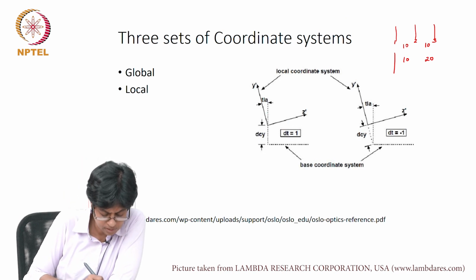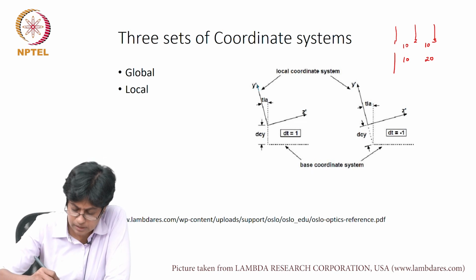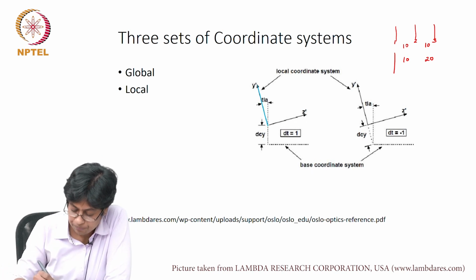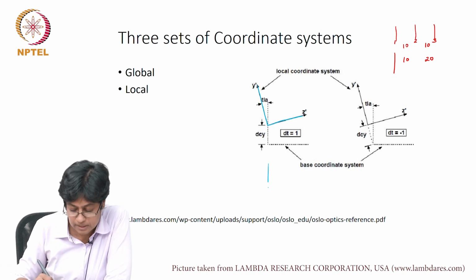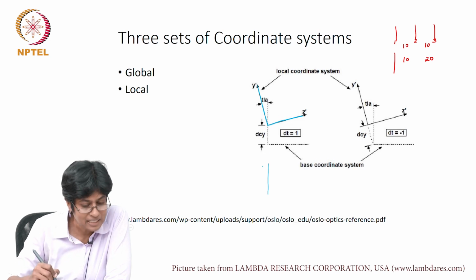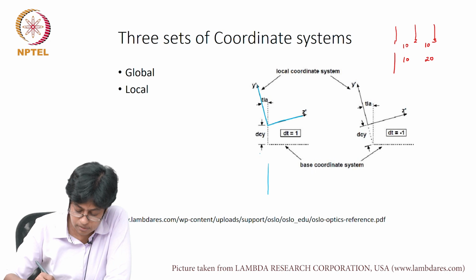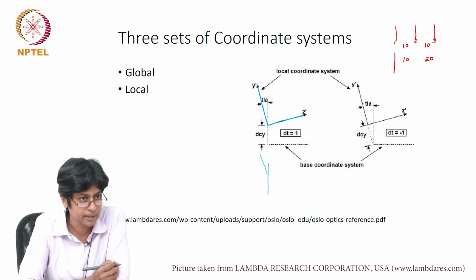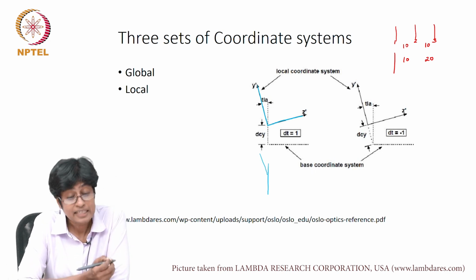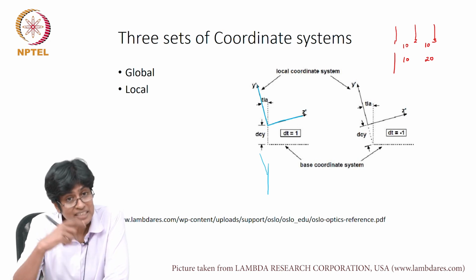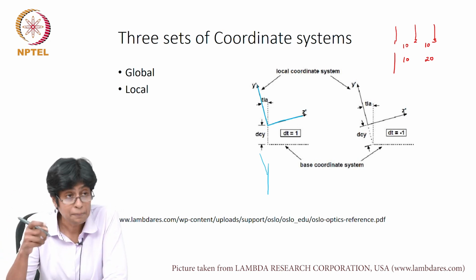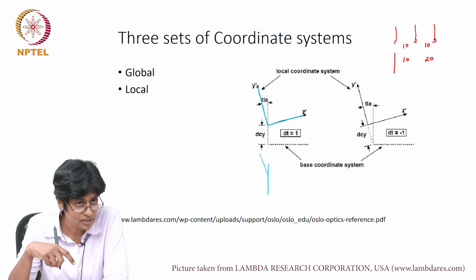So let me use another color. So this is a displaced tilted. So whatever surface was here has been displaced along the y-axis and tilted, and now is showing like this. Okay, I can now say the next surface will be 10 millimeters away from this surface.